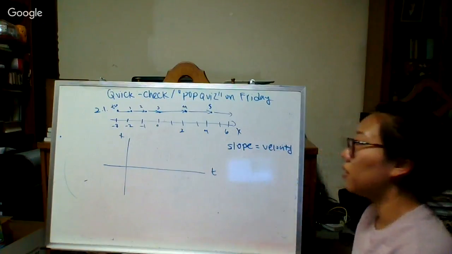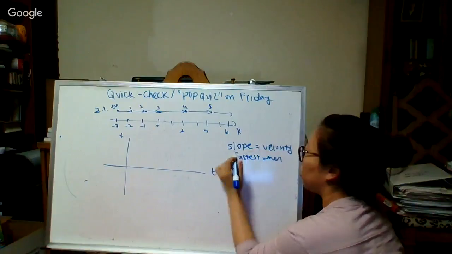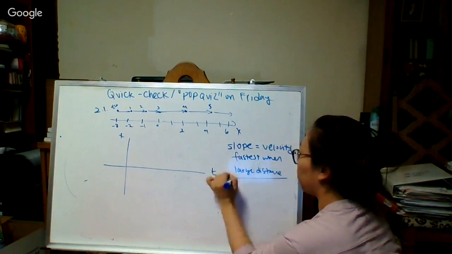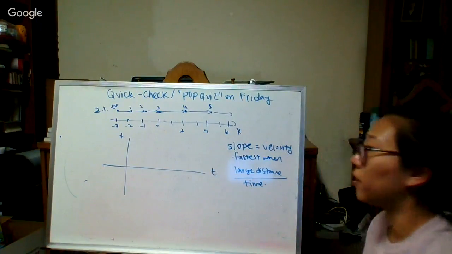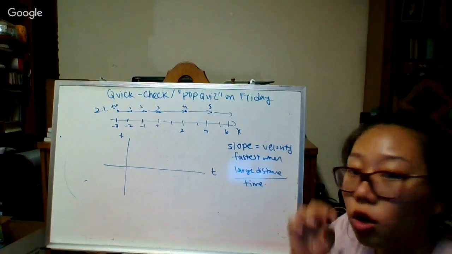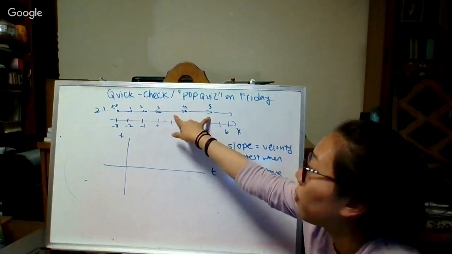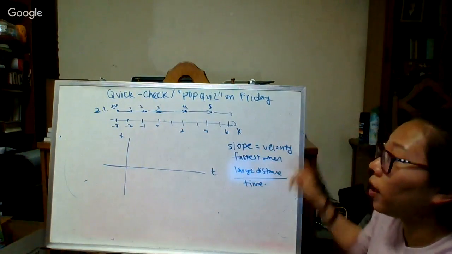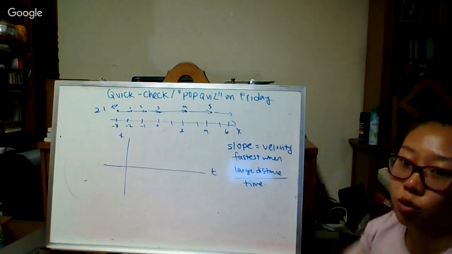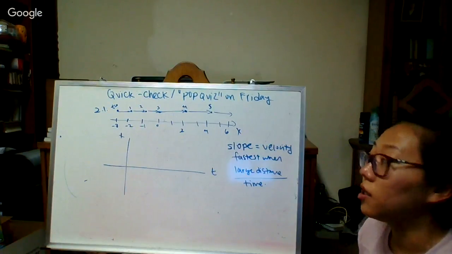Velocity is the fastest when a large distance is covered over a short period of time, because the time is very consistent here. So this part, from T3 onward, is going to have a steep slope, and T0 to T3 is going to have a slope that's more horizontal. And if you look at that, the only one that would work is E.